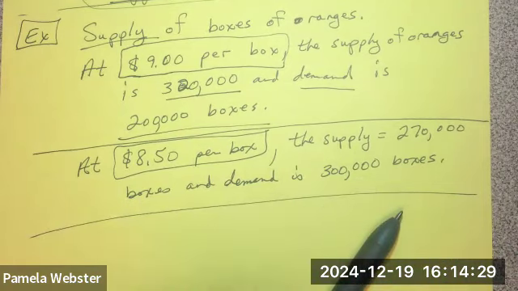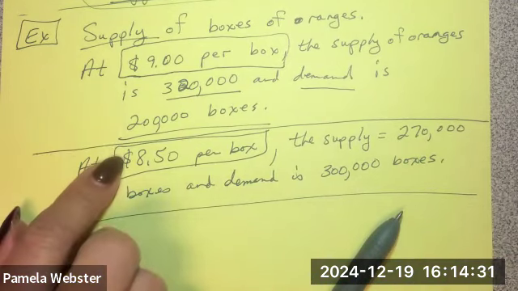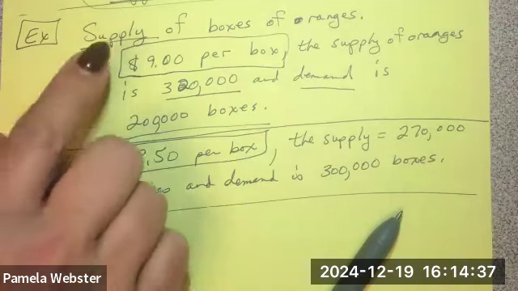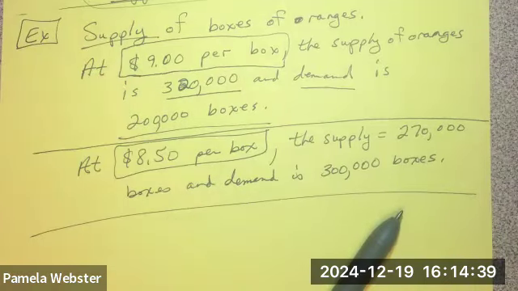Well, why does the demand go up? Because the price went down. So I'm more willing to buy a box of oranges at $8.50 a box than I was at $9, right? So there's this constant thing in the market where, supplier, what are you wanting for your oranges? Purchaser, market people, what do you want to pay for these oranges?